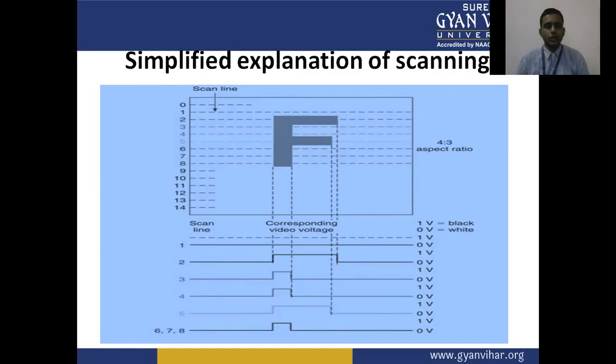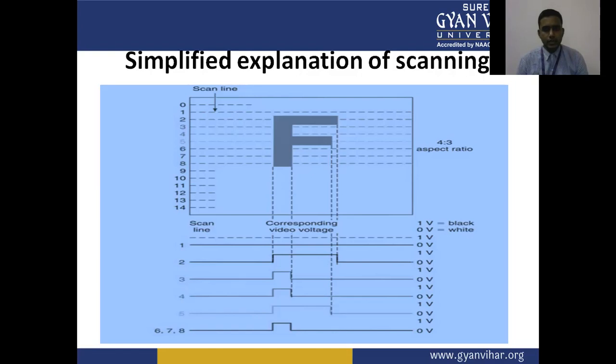Here we have a TV camera screen, and in the camera screen we have a figure which has to be scanned, amplified, transmitted and picturized on the display of the TV set. This figure is in grayscale, and the rest of the image, which is not to be transmitted, is in white.